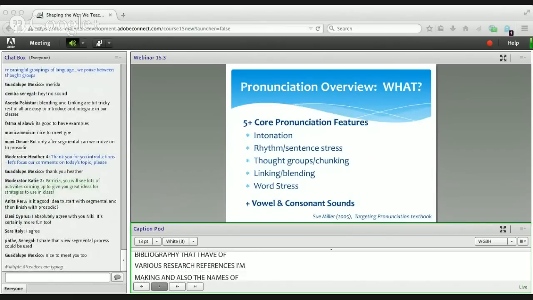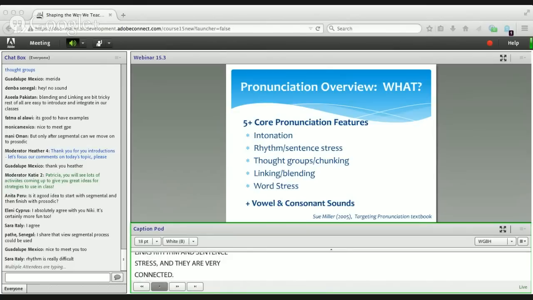Anyhow, she considers these to be the five core pronunciation features: intonation, then rhythm and sentence stress, which are very connected, thought groups or chunking, linking and blending, connected speech, and word stress. And finally, she says, deal with vowel and consonant sounds on an as needed basis.